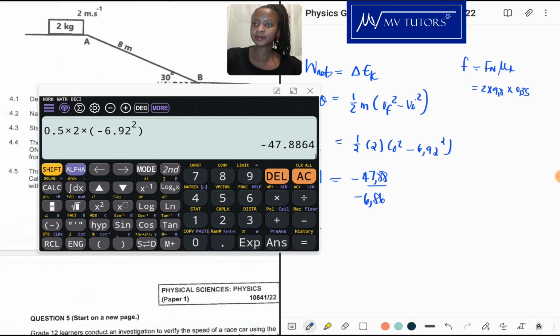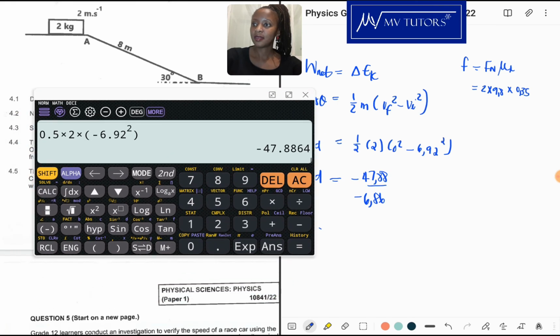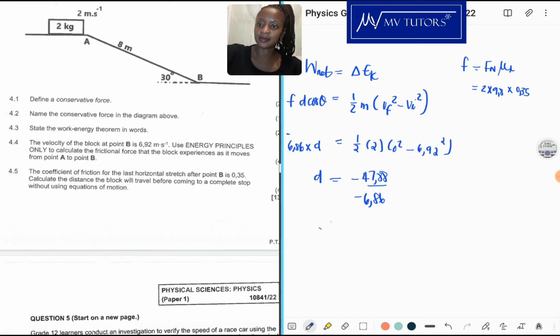Okay. Alright, so we're going to divide by -6,86. Okay, and then we get the distance is 6,98 meters. Okay, I think that looks cool.